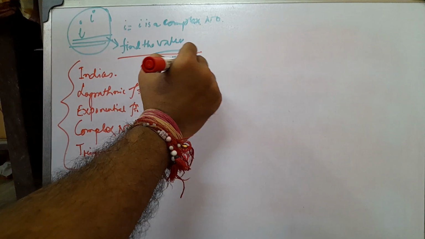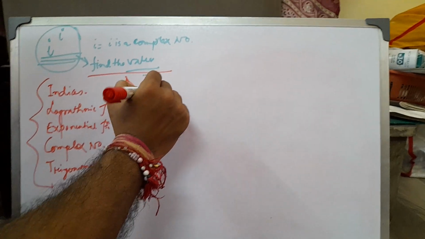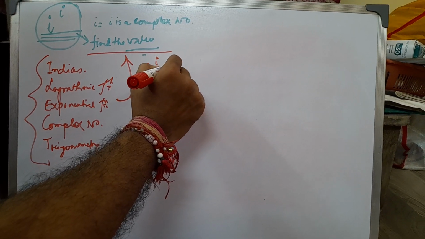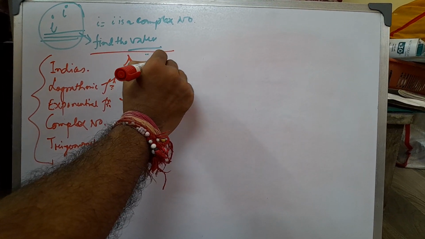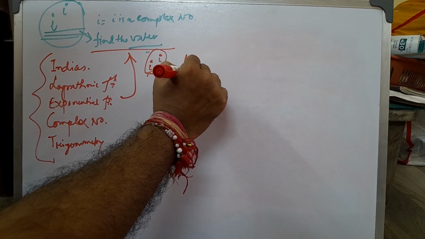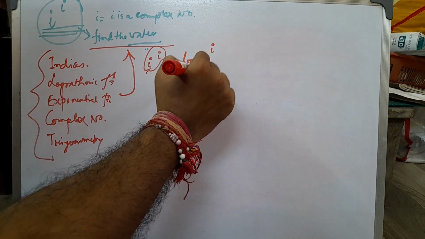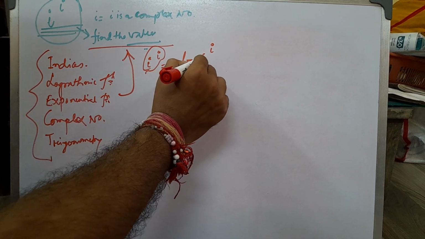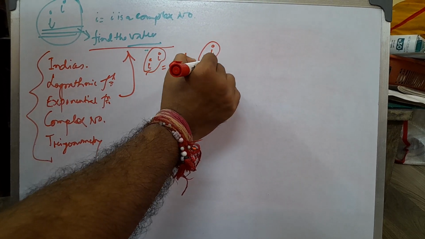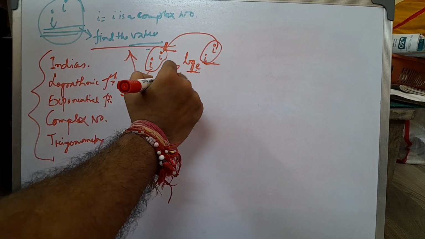When you start to solve i to the power i, it looks very simple, but it is very complex. I to the power i means e to the power log base e of i to the power i, which is the same value as whatever I have expanded.